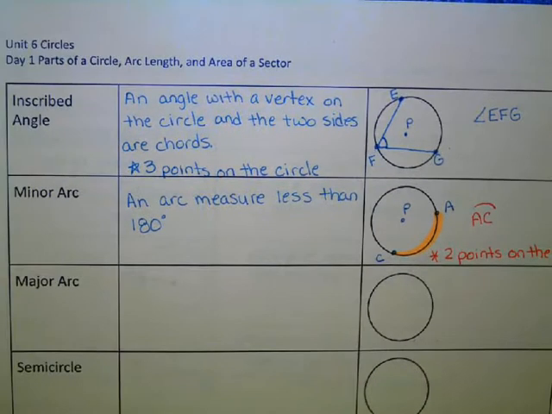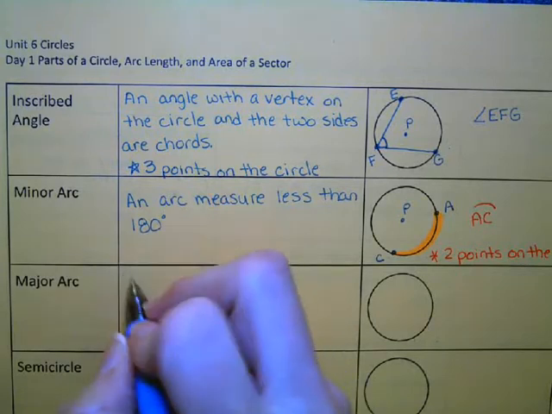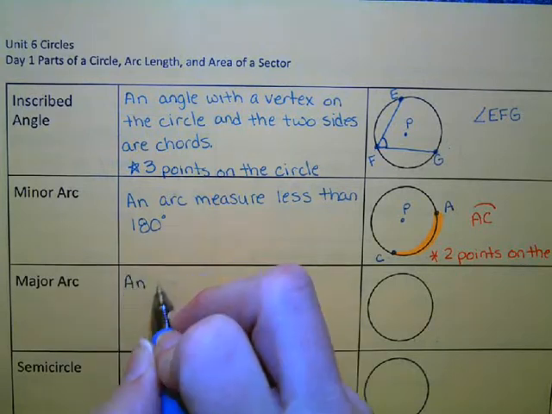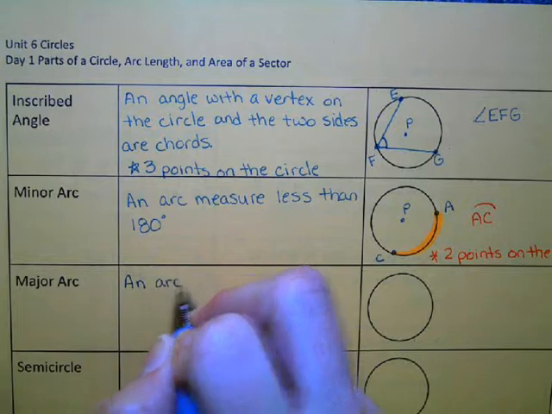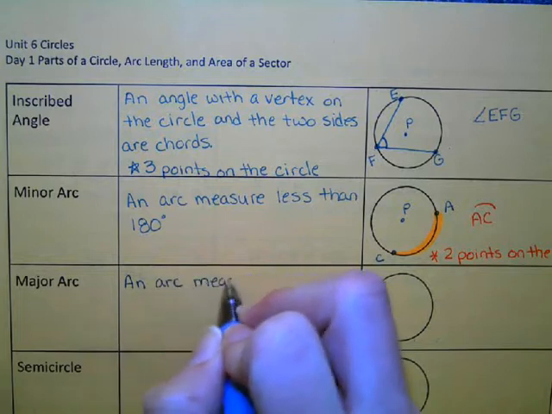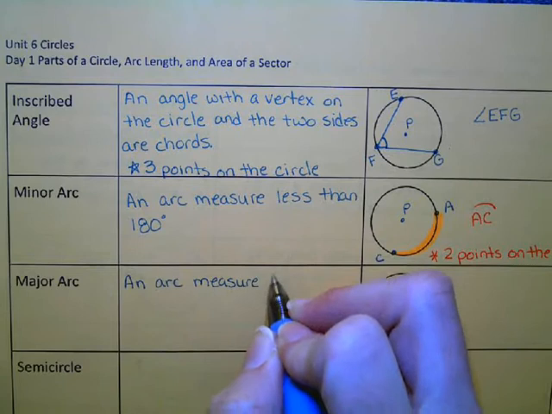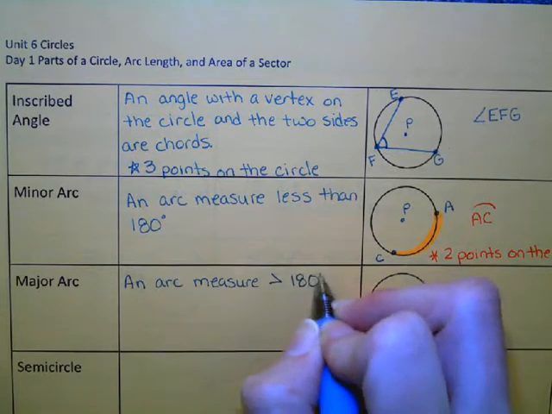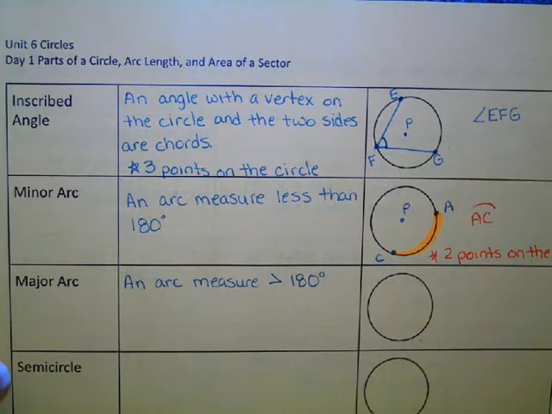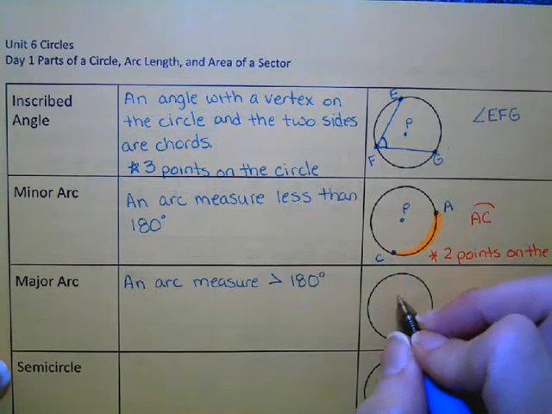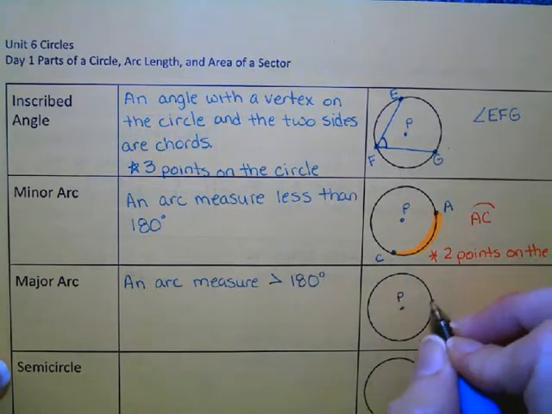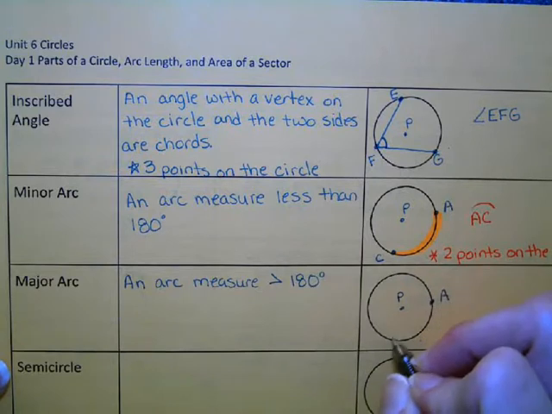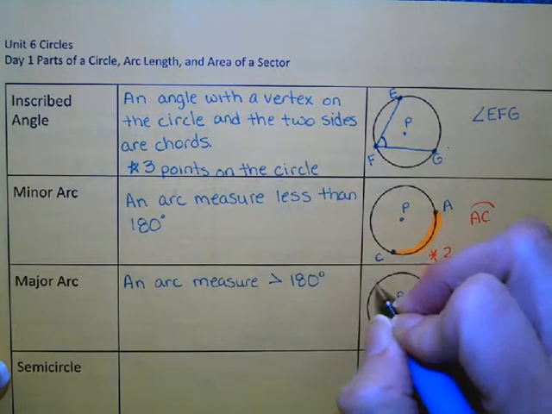It's an arc that measures greater than 180 degrees. So in our picture, we'll say that's P, say this is A, this was C, and we're going to put D over here.